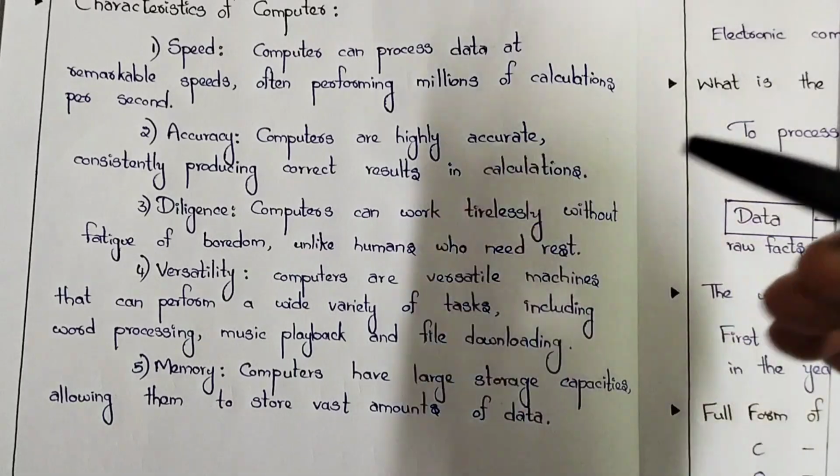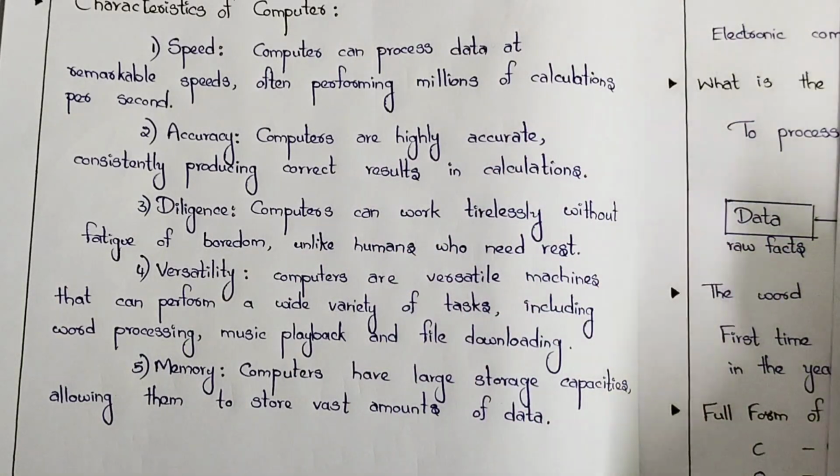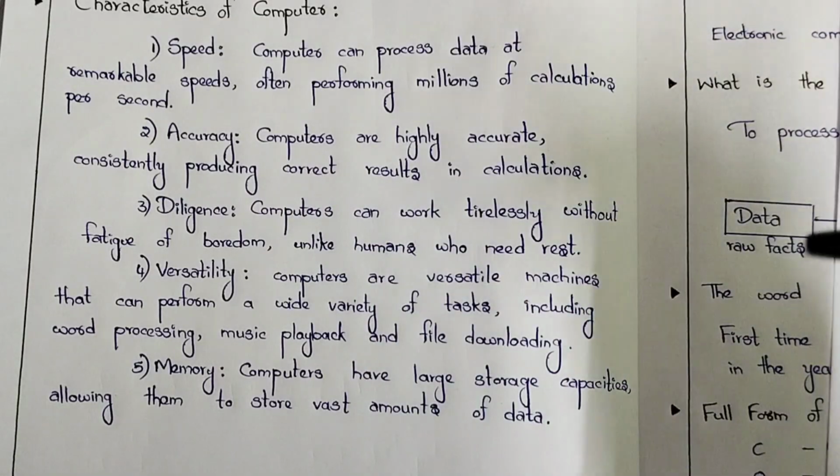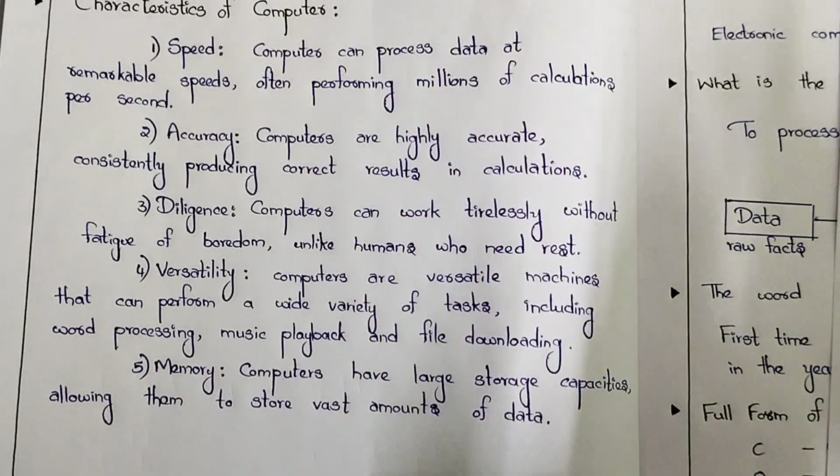Versatility means a computer can perform a wide variety of tasks. Memory means computers can store large amounts of data. So make quick notes so that you can revise them before the exam.